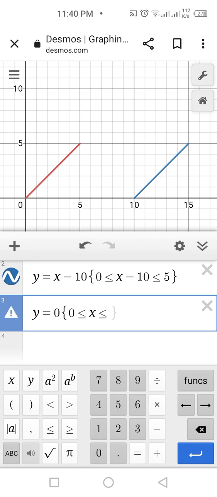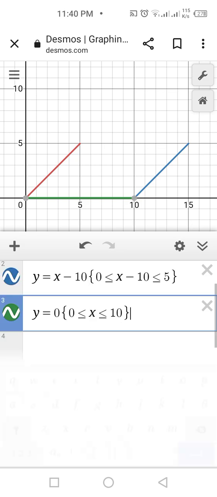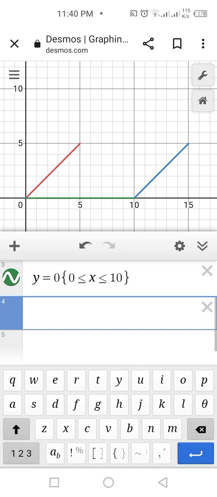It is from that line. So this is called the parameters. The equation y equal to 0, and same, the equation y is equal to 10.